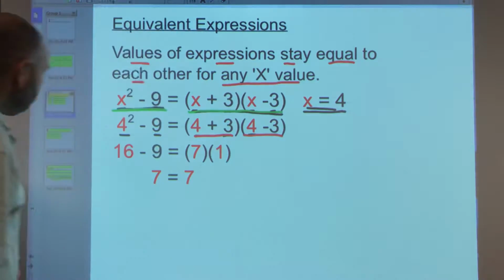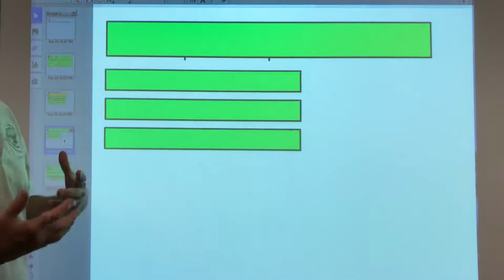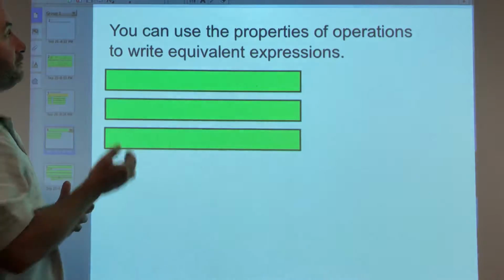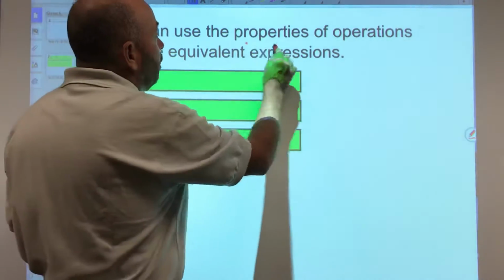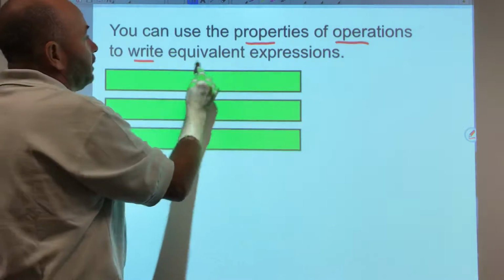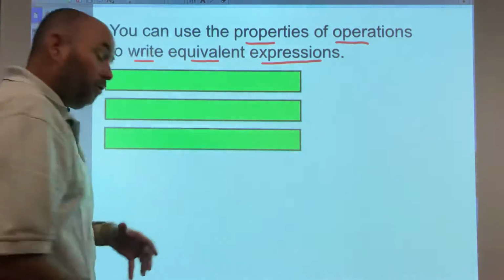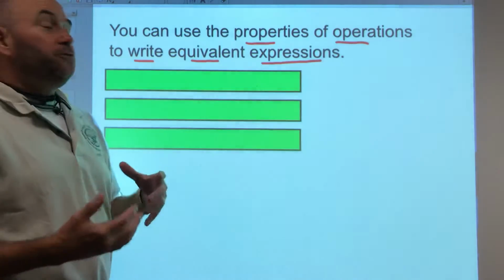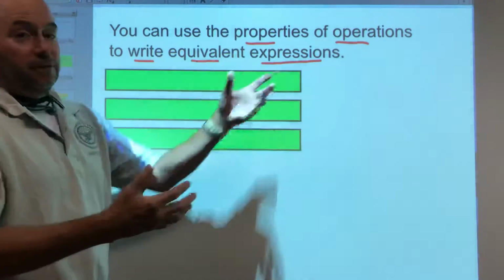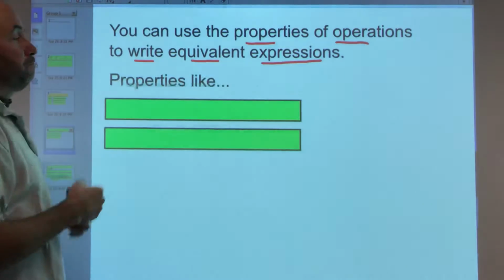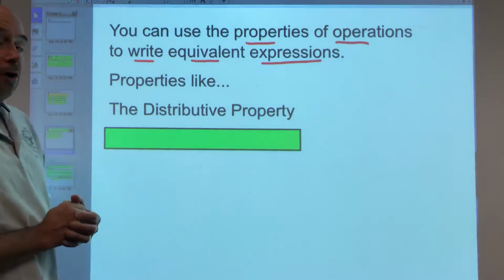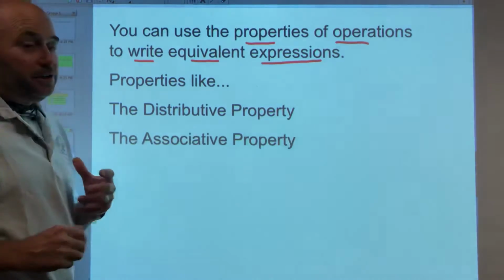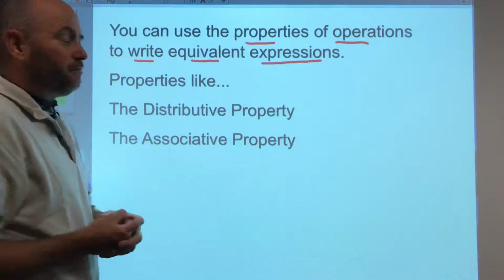Now, in your book, they're going to talk about different ways of creating the expressions. And they will say that you can use the properties of operations to write equivalent expressions. So those properties of multiplication and addition can be used to help us create equivalent expressions. Properties such as the distributive property, where you rearrange things, and the associative property, where you regroup things differently.